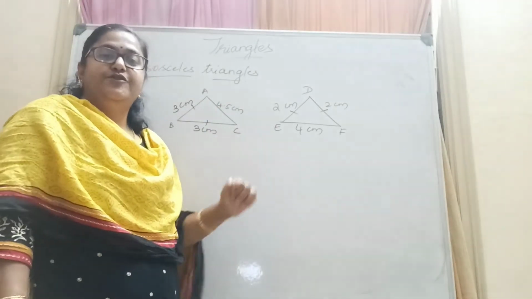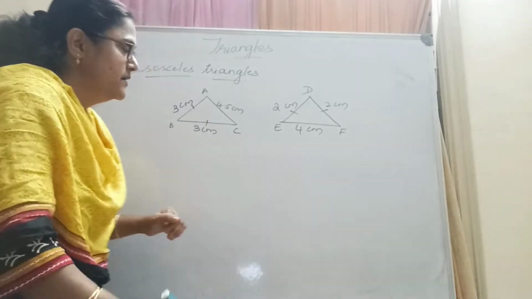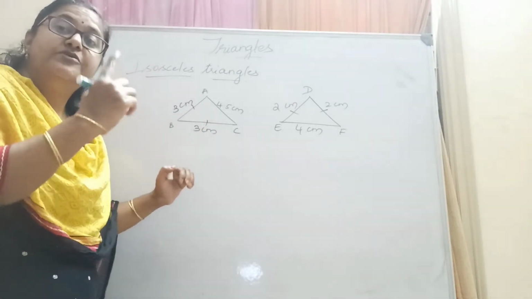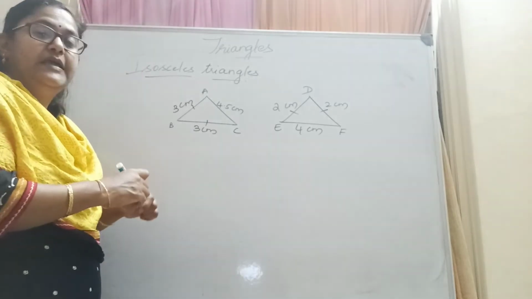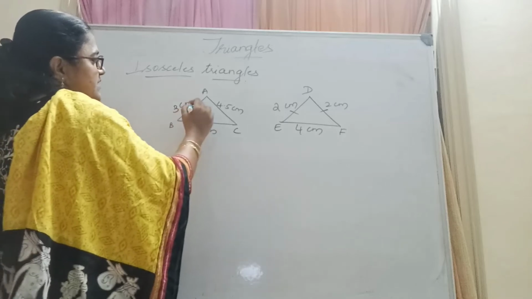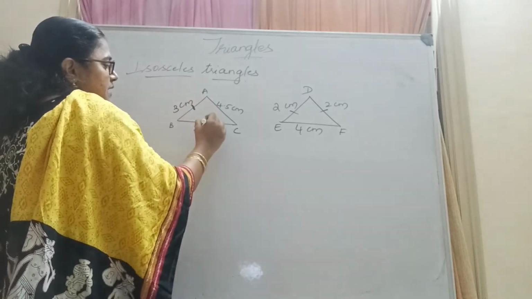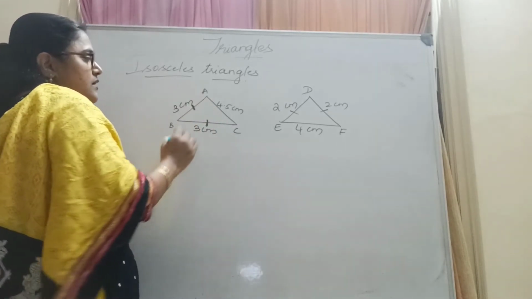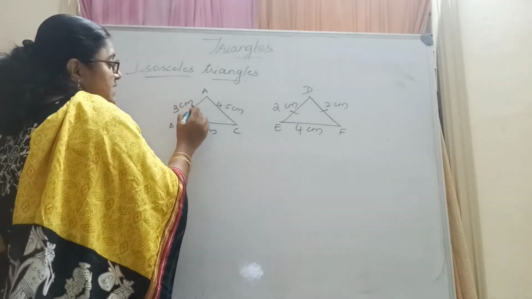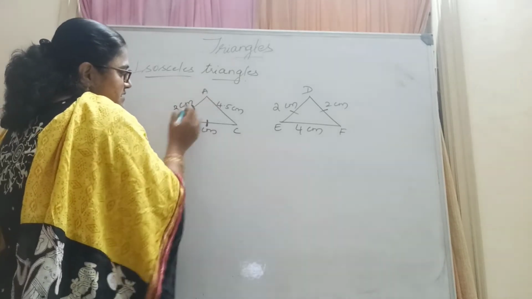Now, the property which you are going to learn is about the angles opposite to the equal sides. Angles opposite to equal sides will be equal to each other. Now, in this triangle, say for example, the equal sides are AB and BC. Which is the angle opposite to side AB? The opposite angle is C. Now, this is side BC, the other equal side.